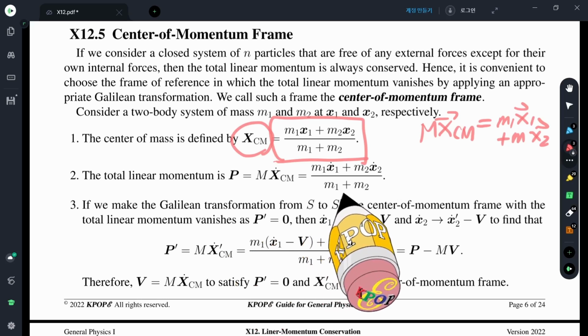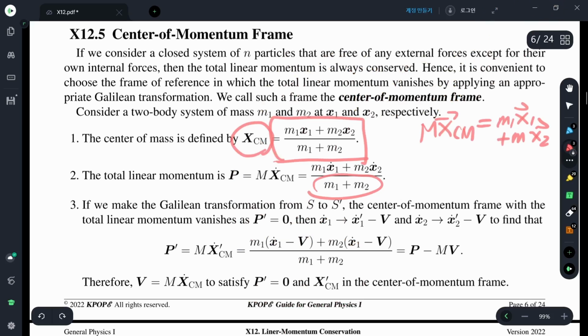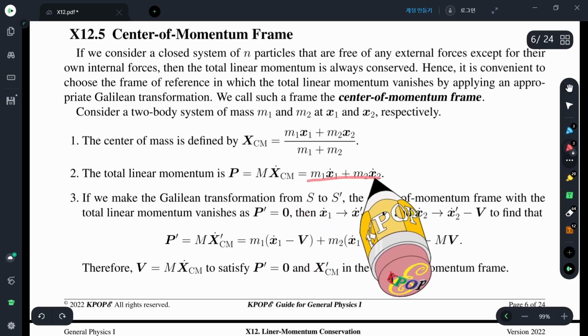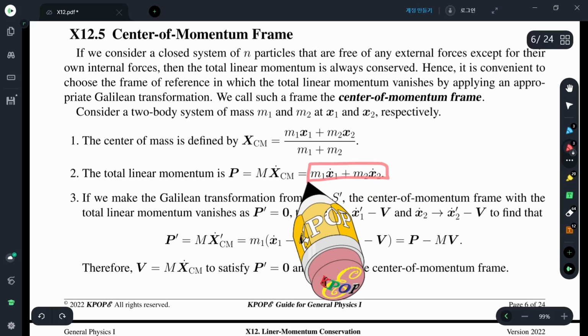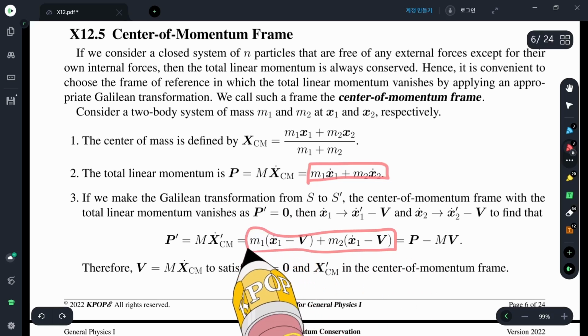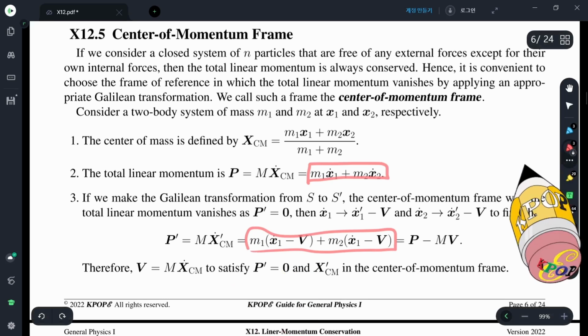Here we need to remove this one in the denominator. So we have corrected the typographic errors. This should be in this way, and the previous formula was also wrong. The m1 plus m2 in the denominator has been removed.